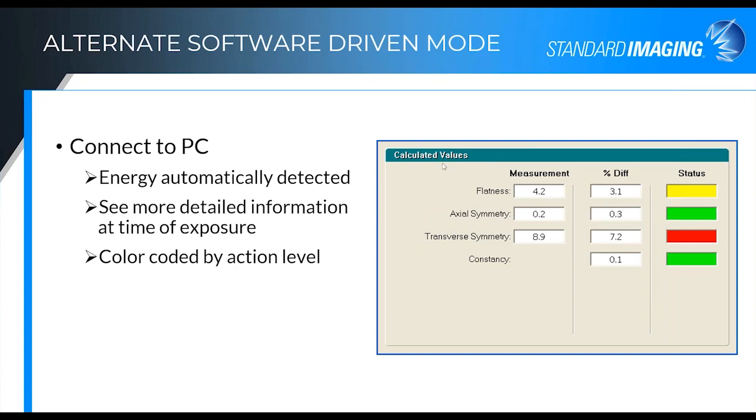So the software following a measurement would display that the flatness it measured that day was this value and that it was 3% off of the baseline. And so that would be, in this case, an action 1 indicator with a yellow light. Anything that's good, for example, the constancy of this measurement was within 0.1% of what it was on the day of baselining, so I have a green level and can go forward.